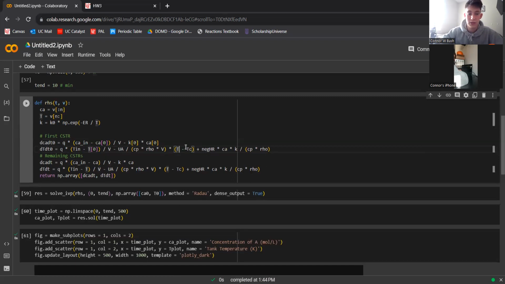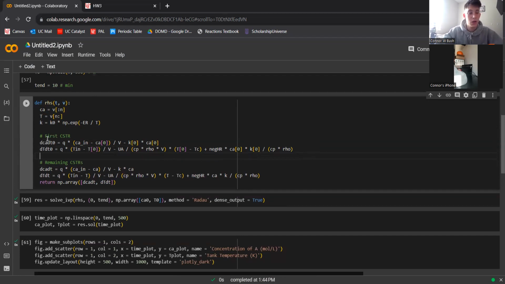And then here, this difference between the cooling temperature and the temperature of the reactor, that is our 0th index temperature to be consistent here for the first CSTR. Negative heat of reaction, that's constant. And then the very first 0th concentration, same with the K value, constant, constant. So we should be good with our very first CSTR for the differential for the concentration and temperature with respect to time.